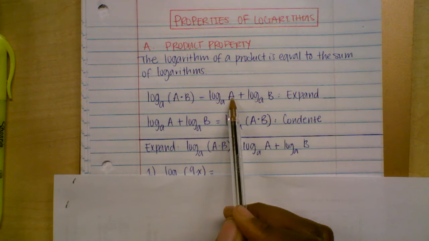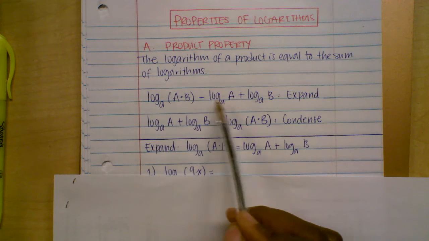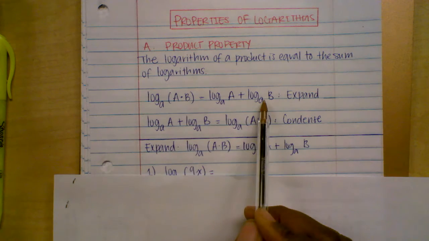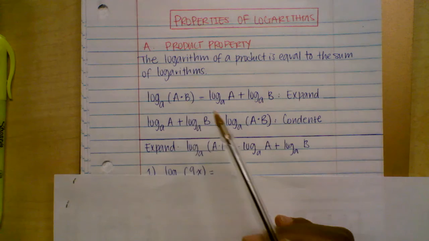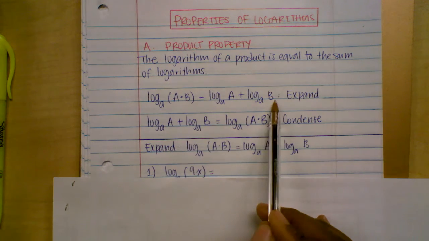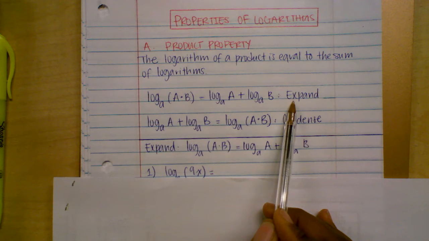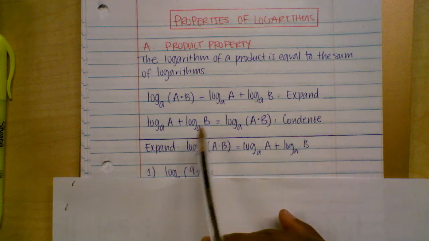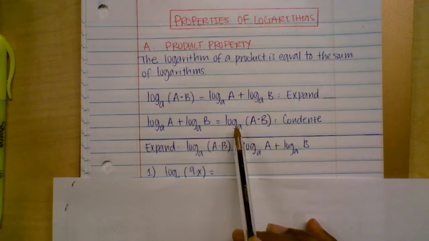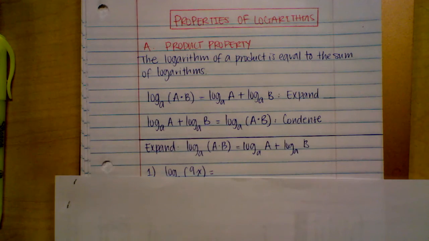So you're going to take the log of A and the log of B as well. It's the sum of log of A and log of B. We call this format, going from one log to two logs, the expanded form. And to go from two logs to a single log, we refer to it as a condensed log.